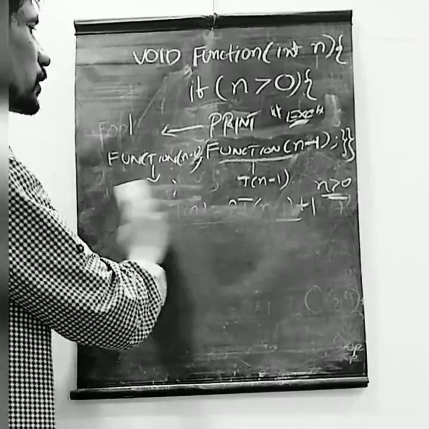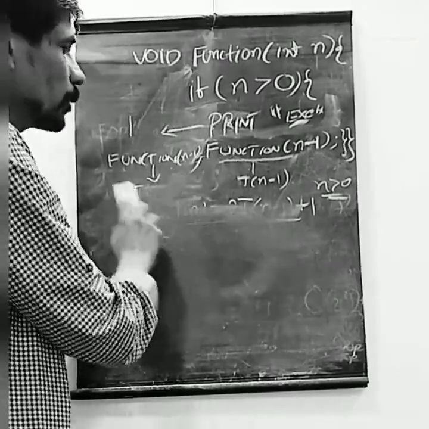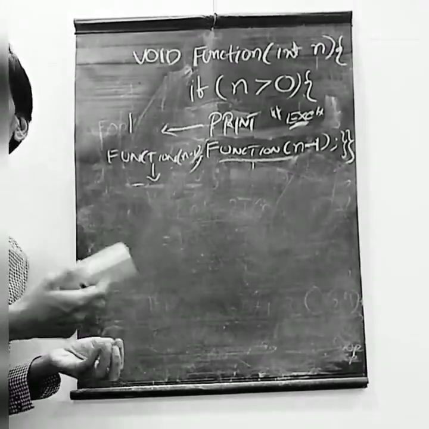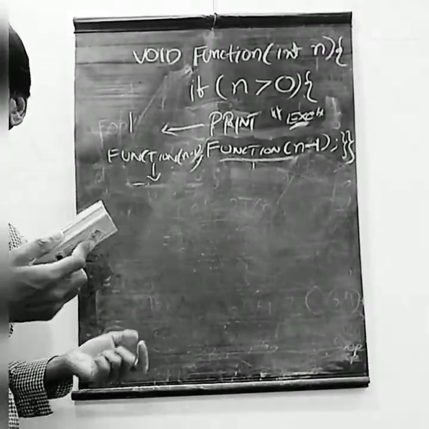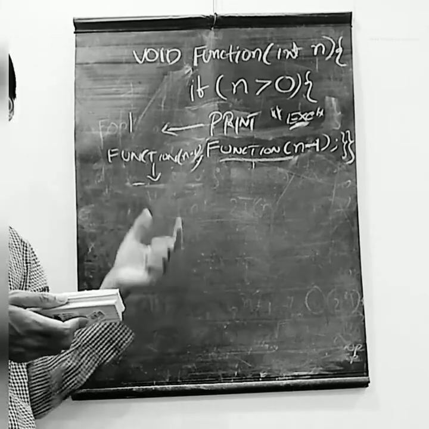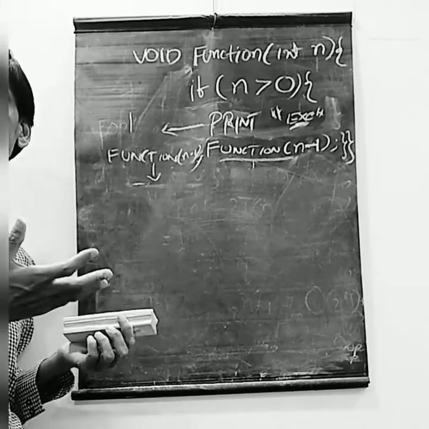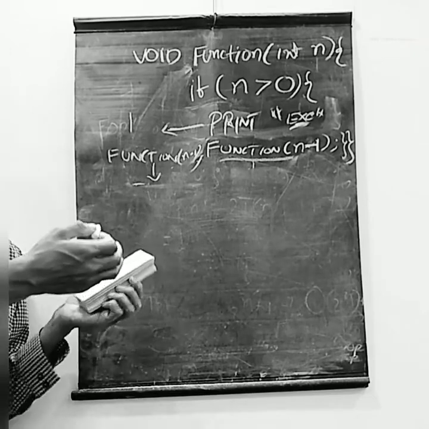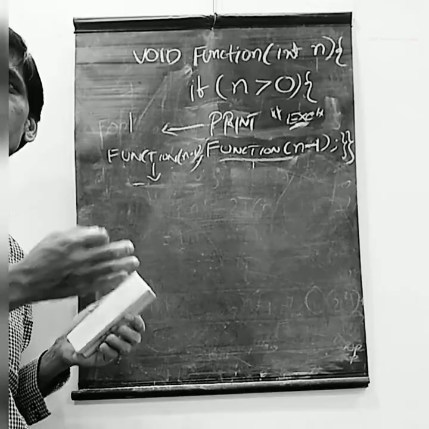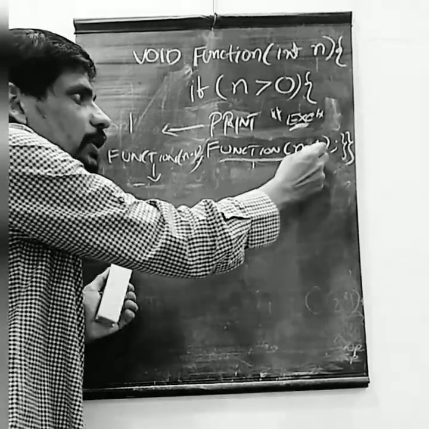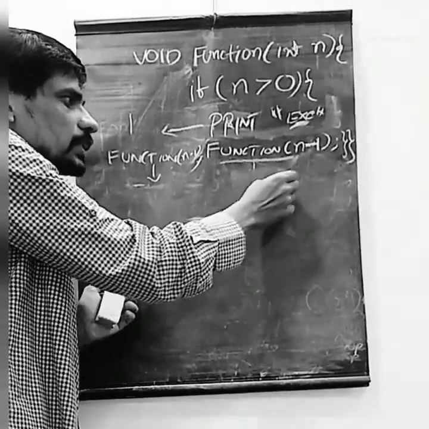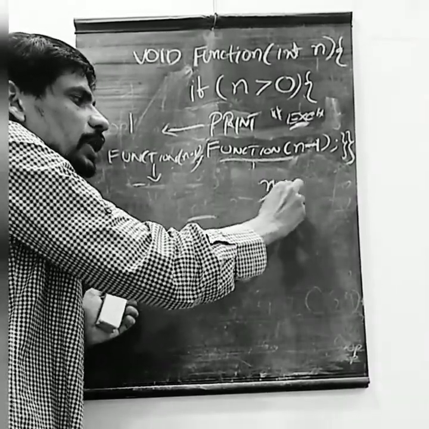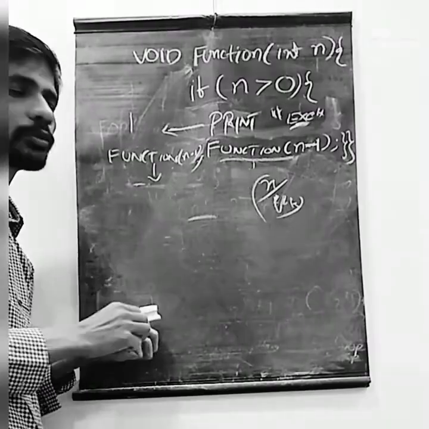By seeing the program itself, we can easily identify the complexity of the program when there is a recurrence pattern, by using the Master Theorem basically. The Master Theorem is separate for subtraction, when it is n minus 1, and for division, that means n by some value, n by k or something.